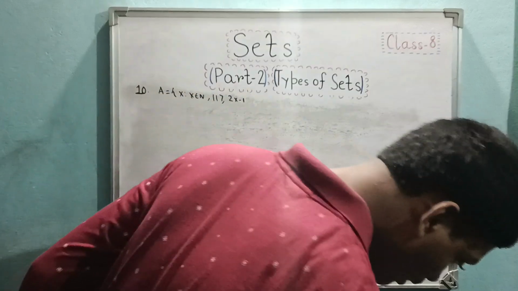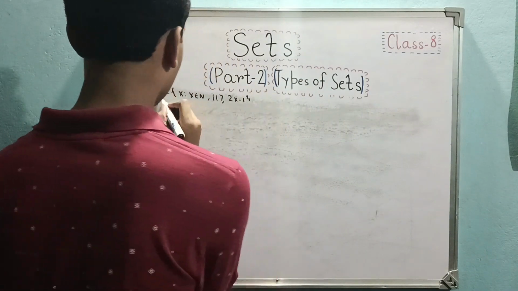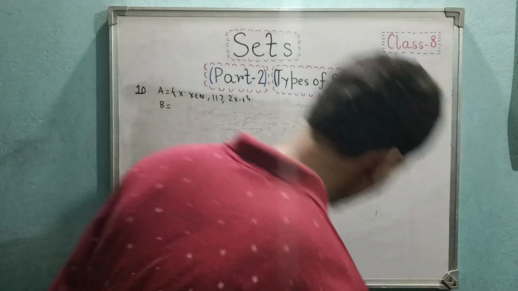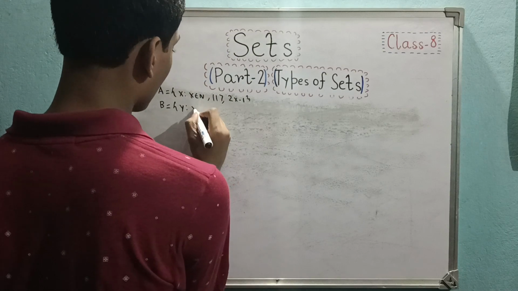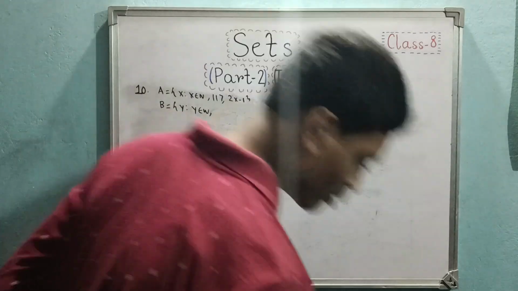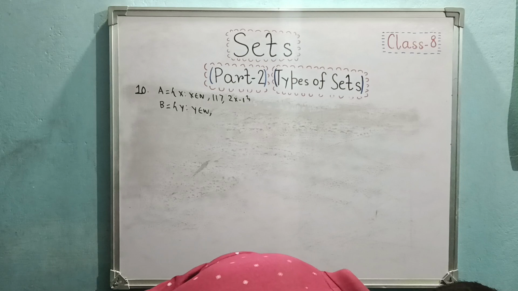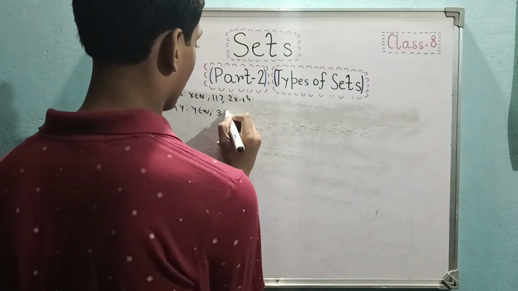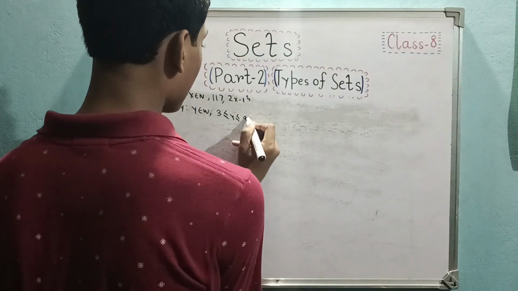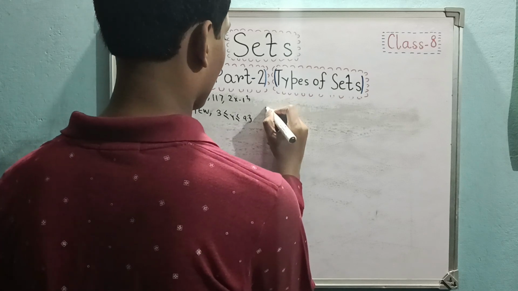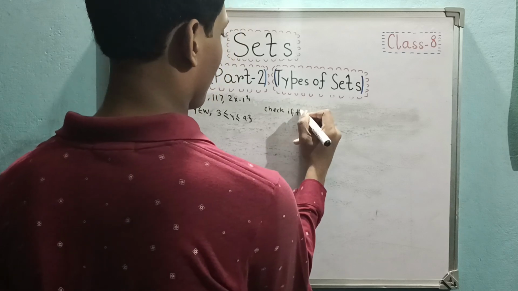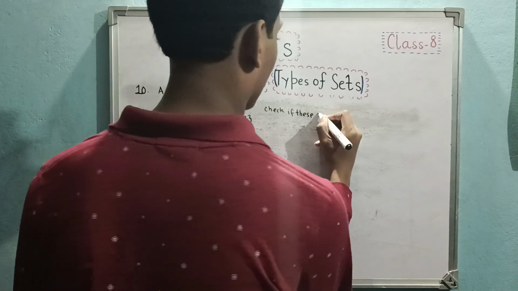And another set I also have, B equal to y such that y belongs to whole numbers, and 3 less than or equal to y less than or equal to 9. They are asking, check if these are equivalent sets or not.